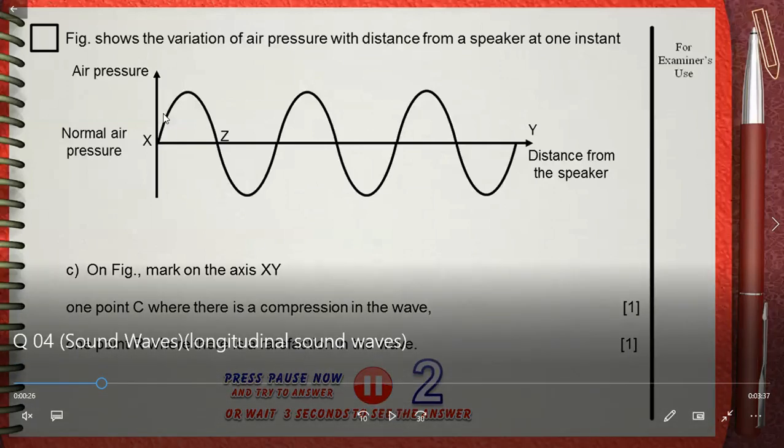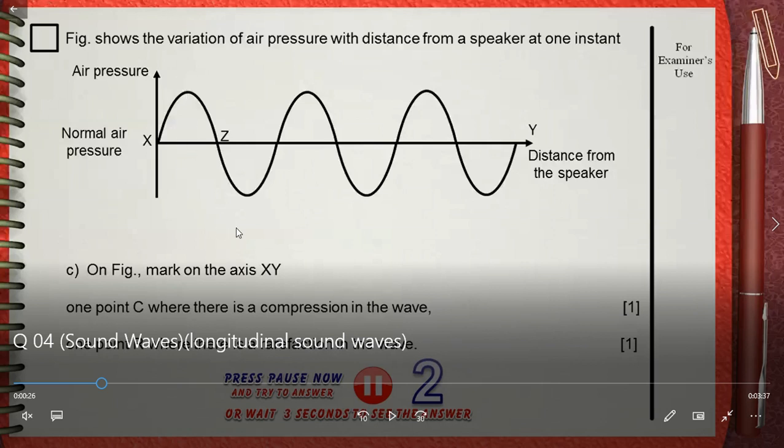Do not think, as I said to you before, that this type of wave is a transverse wave, because this graph is representing air pressure versus distance. Air pressure versus distance means this is a longitudinal wave graph. It does not mean that the particles are moving up and down.